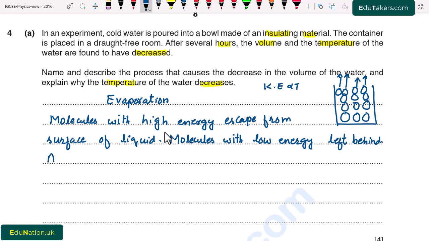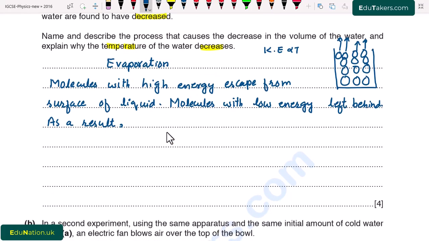As a result, the average kinetic energy of the molecules decreases.